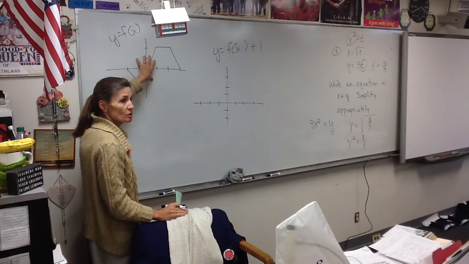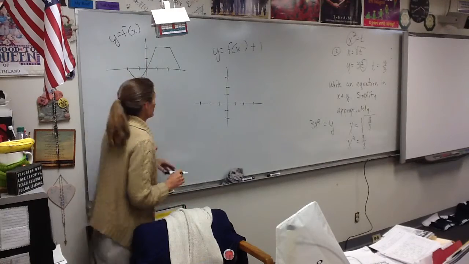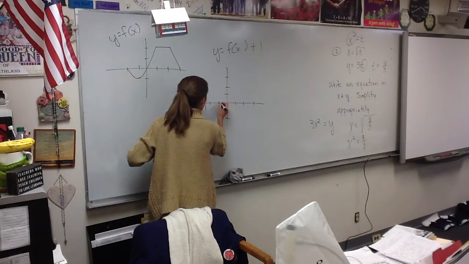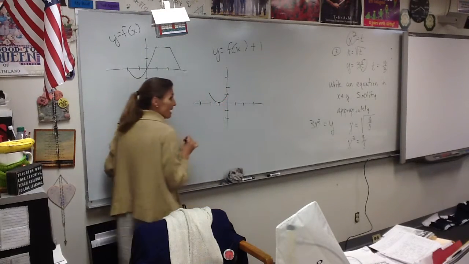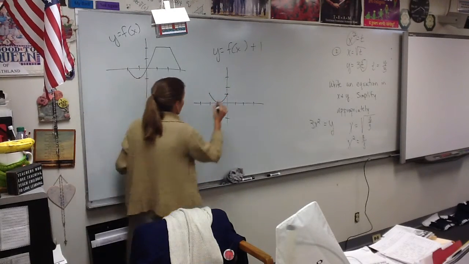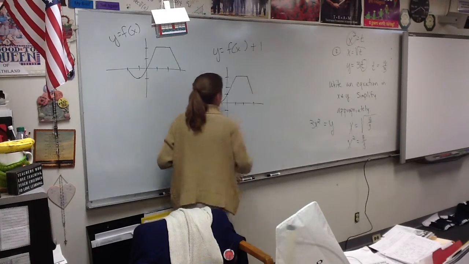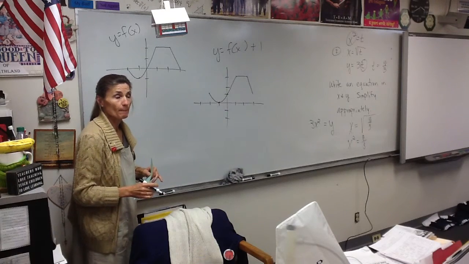You took this picture and picked it up 1 unit. So instead of the little circle thing bottoming out at -1, it bottoms out at 0 like that. And the little trapezoid thing looks like that. Everybody good with that transformation?